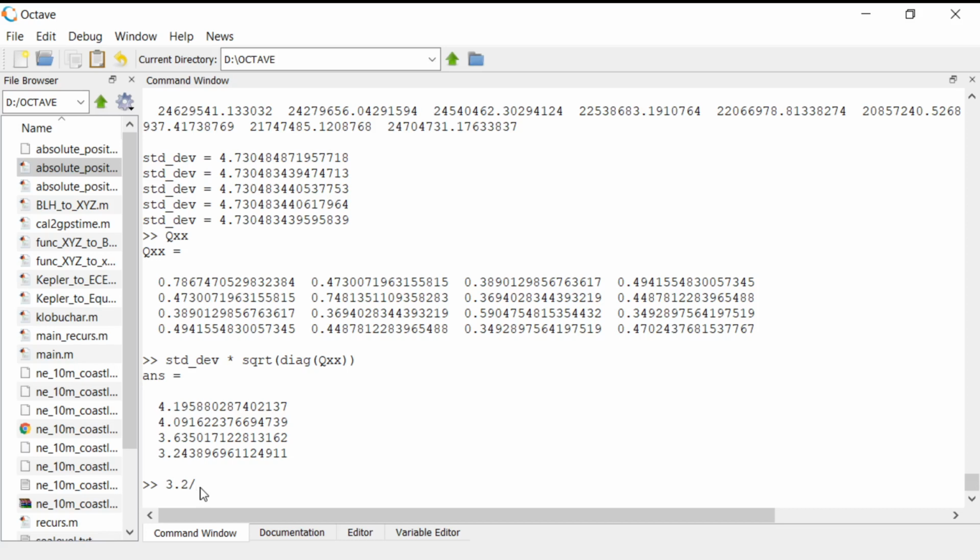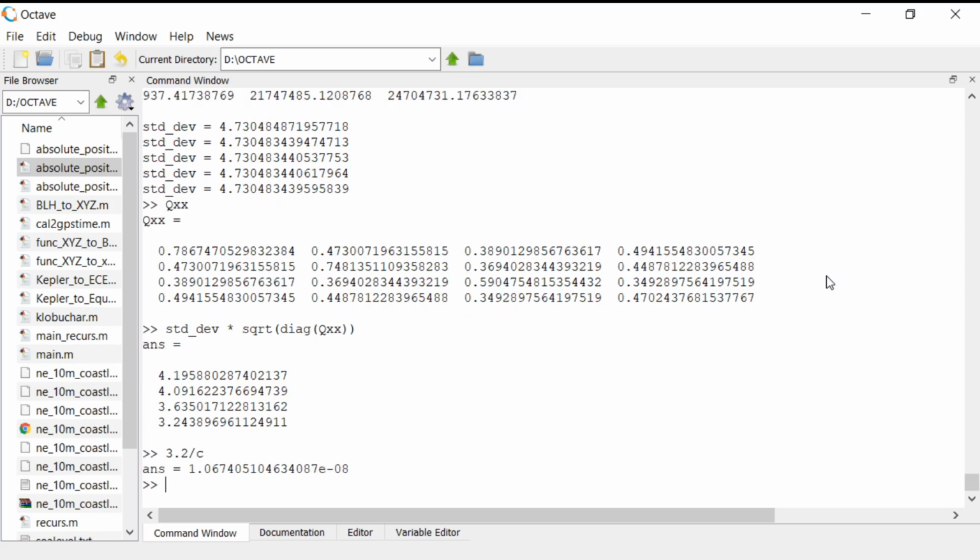as you know, this is the multiplication c times dt, so let's try to calculate dt. The velocity of light is already introduced, c is 300 million meters per second. So let's have a look here. As you see, our receiver clock is so accurate that it has an accuracy around 1.1 times 10 to the minus 8. So it's a huge accuracy.